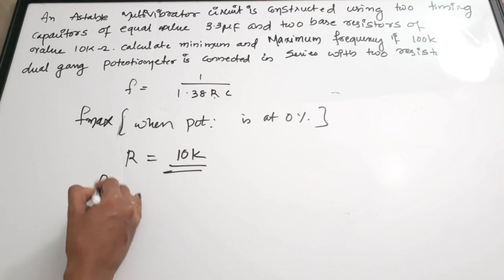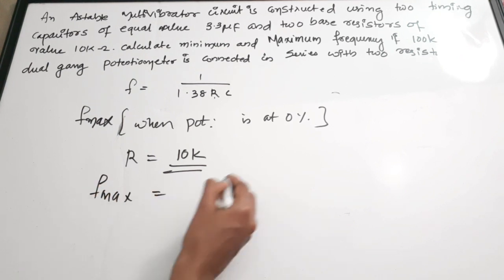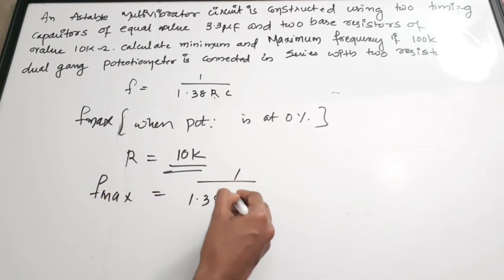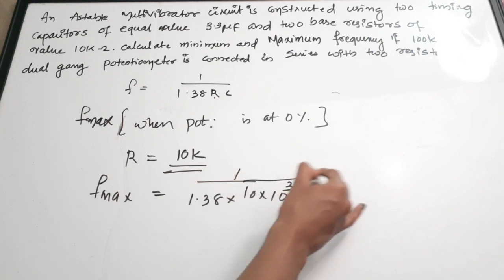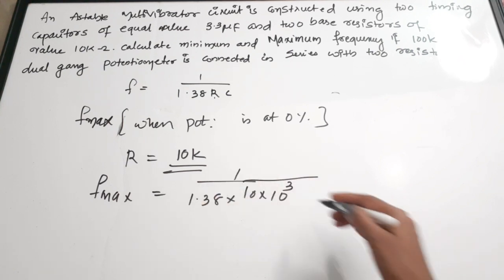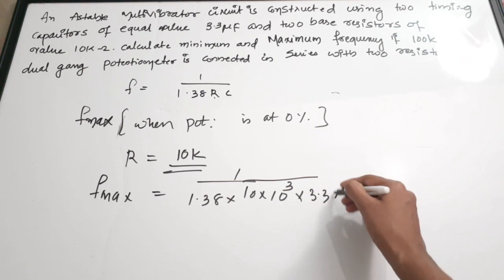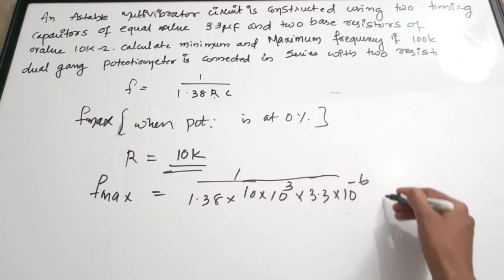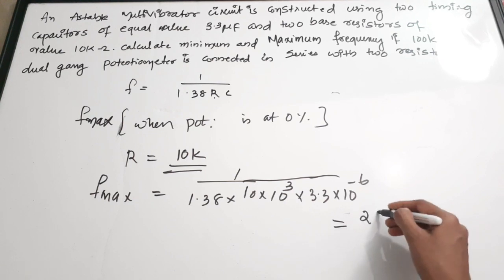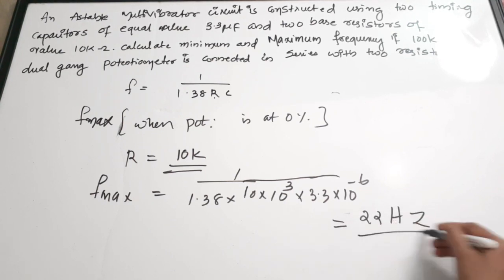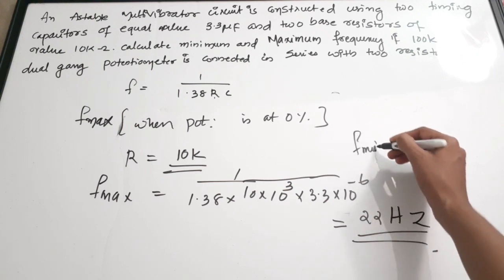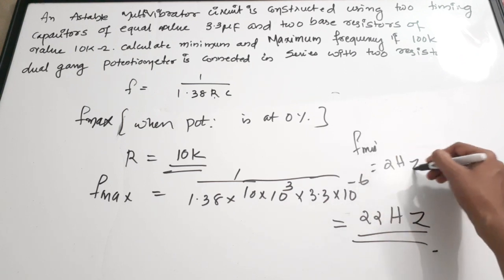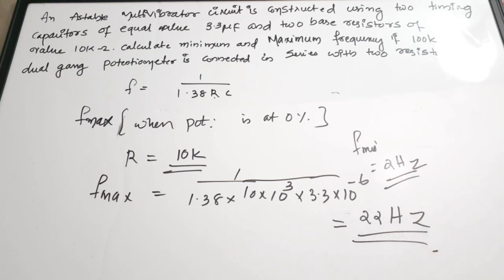So F max is equal to 1 by 1.38 into 10 into 10 raised to 3, which is 10K, into C, which is the same, 3.3 into 10 raised to minus 6 farads, and the value obtained is 22 hertz. So this is the maximum frequency. So we have obtained F minimum equal to 2 hertz and F maximum as 22 hertz.